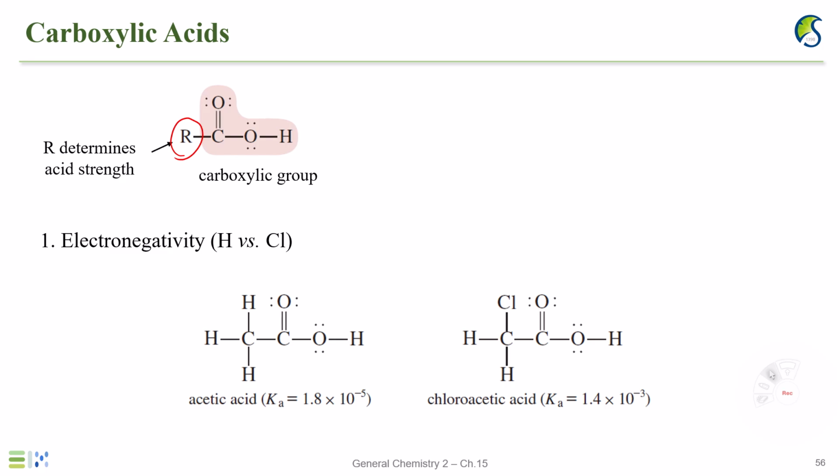So, as I said, this functional group R determines the relative acid strength of the carboxylic acid. If you compare these two carboxylic acids, for this one you have a CH3, and for this one you have a CH2Cl.